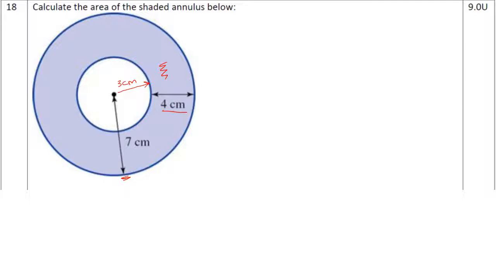So basically what we've got is that the area, now we know the area of a circle is pi r squared, so the area of the annulus is just going to be the area of the big circle, so that's pi 7 squared, minus the area of the little circle, which is pi 3 squared. So you could do that in 2 steps if you wanted.